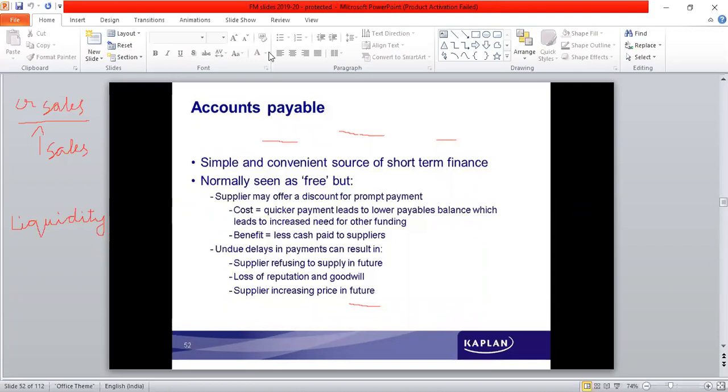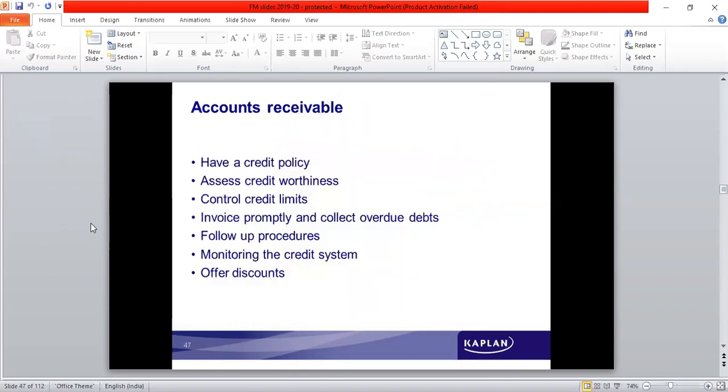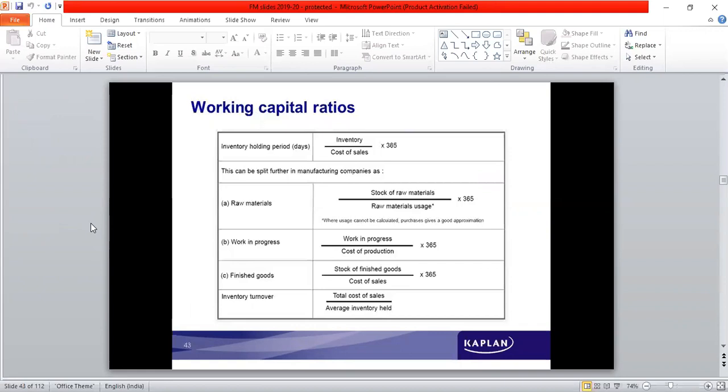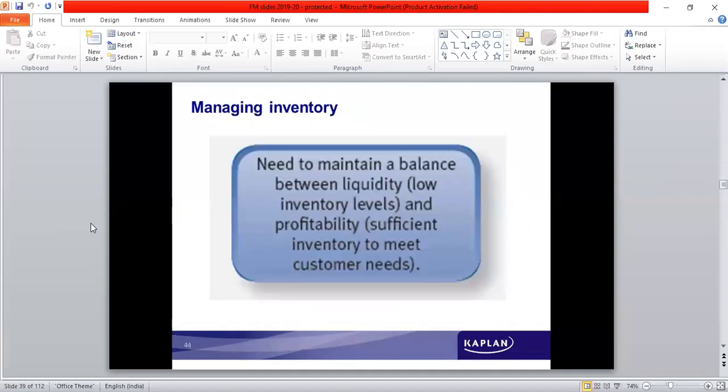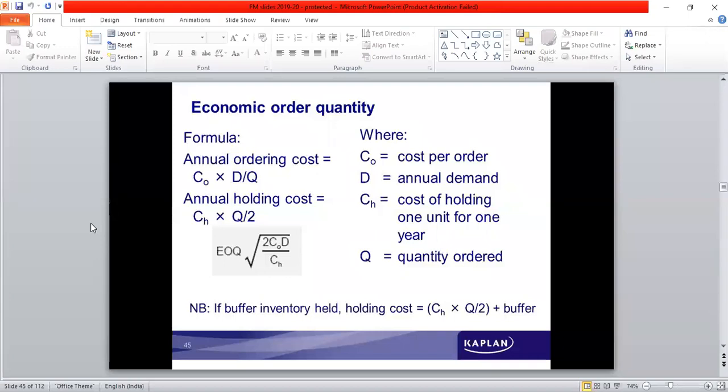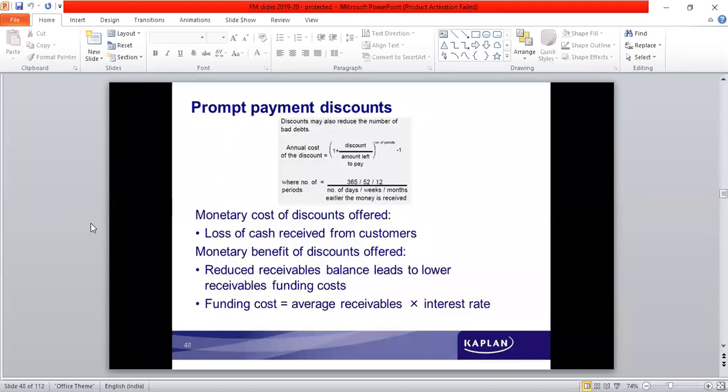Now let's come to the next part, which is accounts payable. Till now we were discussing accounts receivable. First we started by looking at what is working capital. Under working capital, we learned about the operating cycle. We learned about inventory and how to manage it. Then accounts receivable.